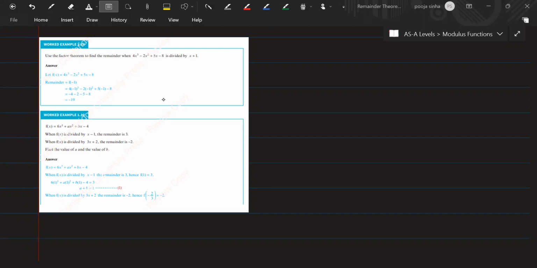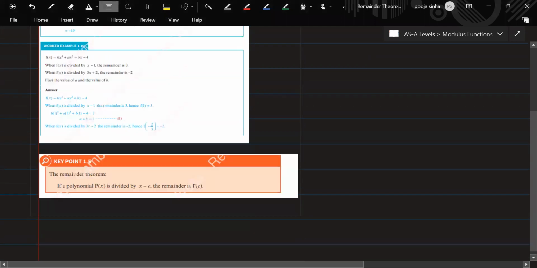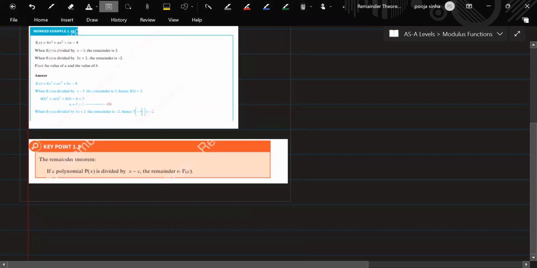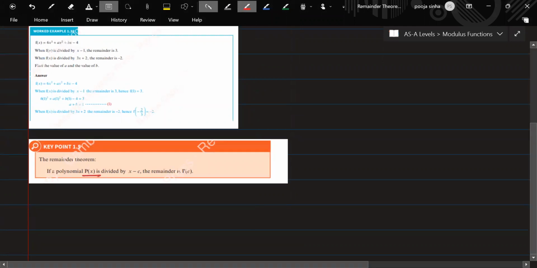All right. So this is the statement of your remainder theorem. In the remainder theorem, in a polynomial, suppose it is divided by x minus c, and we don't know if x minus c is a factor or not.